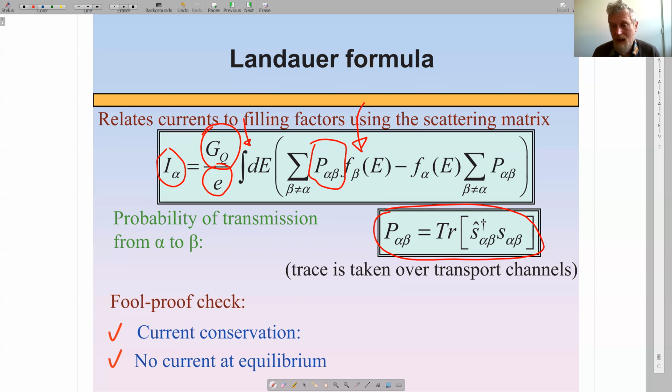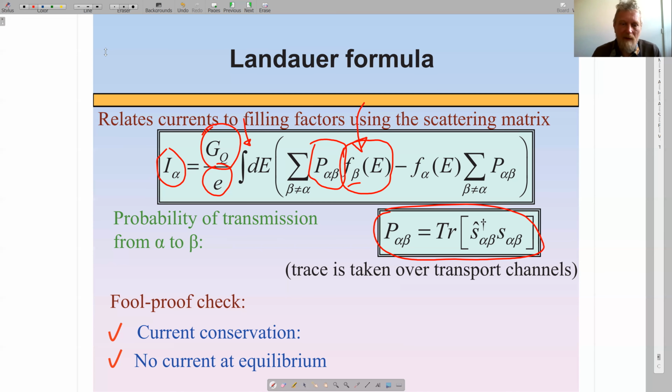It is a probability to go from alpha, from transmission, to start in terminal beta, right? And that's logical. It comes with filling factors in this lead and goes all the way to terminal alpha and contributes to the current there.